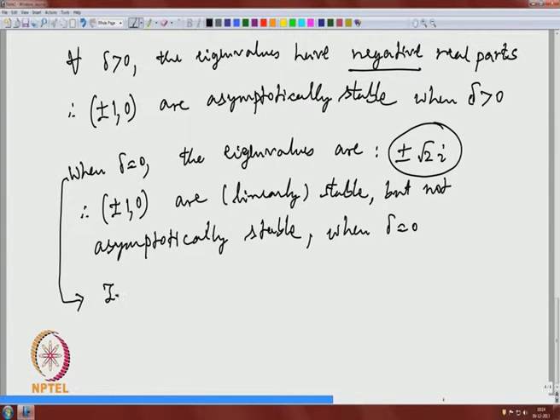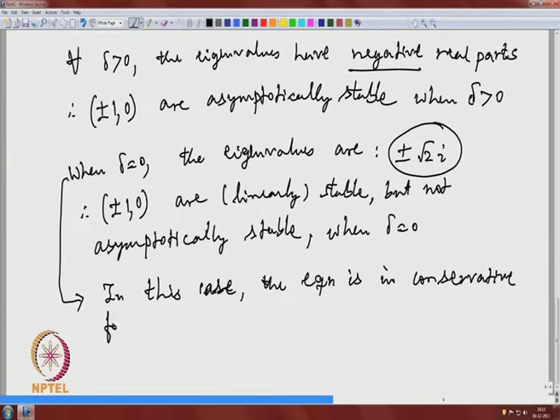In this case, the equation itself is in conservative form, and we will study these things a little later in detail.